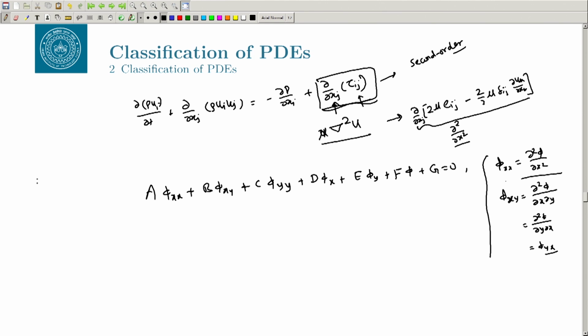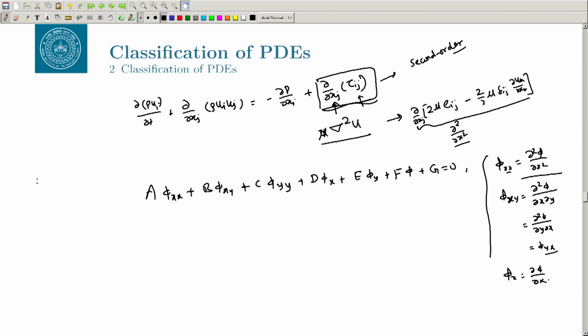So, here x and y are basically independent variables. I am using x and y, but it can also be x and t for example, in certain situations, the time and the space, or you can have two spatial directions. Similarly, phi x will be del phi by del x.